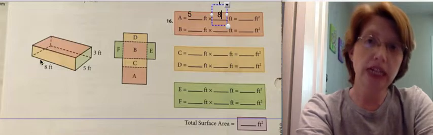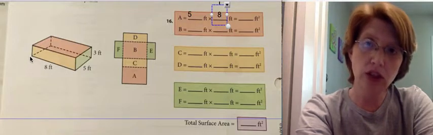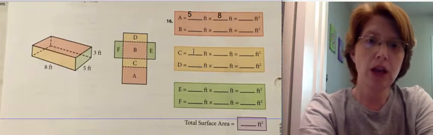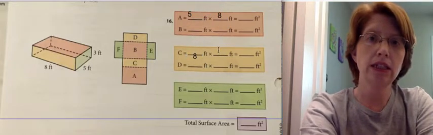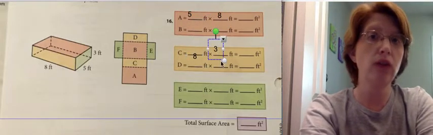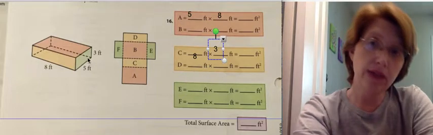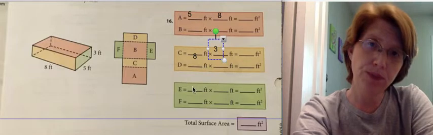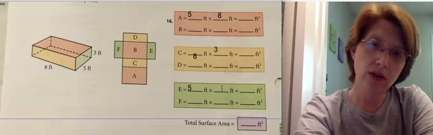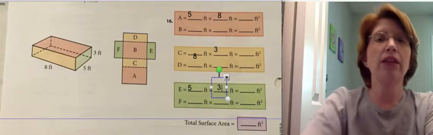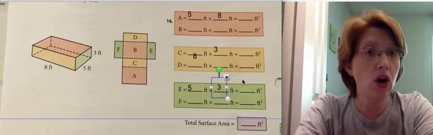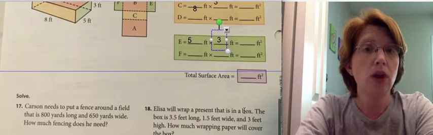And then for C and D, you have this side, which is long 8 and tall 3. So 8 times 3, and you're going to do that twice. And then the flaps on the side would be 5, 3. 5 times 3, and then you're going to do that twice. And then you're going to add all of the products that you got there.